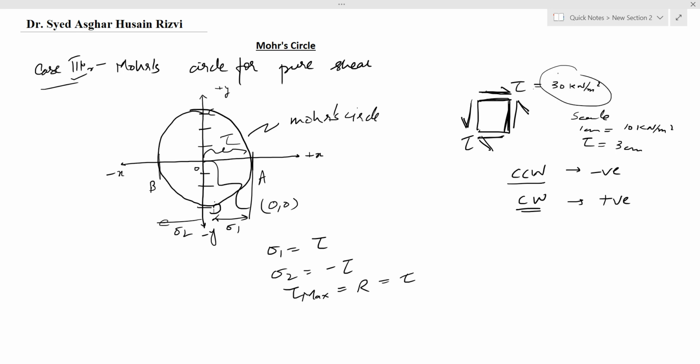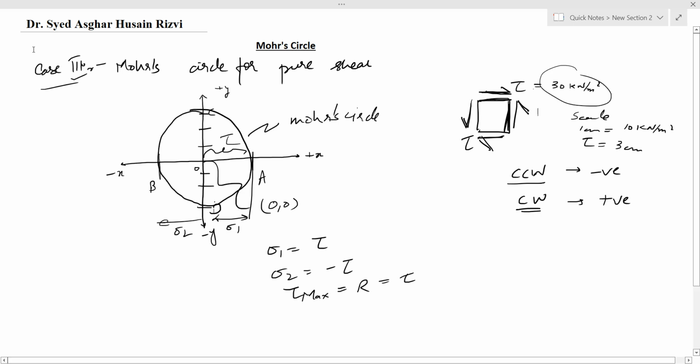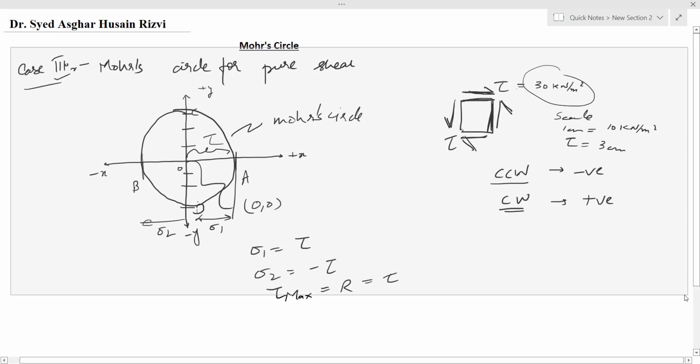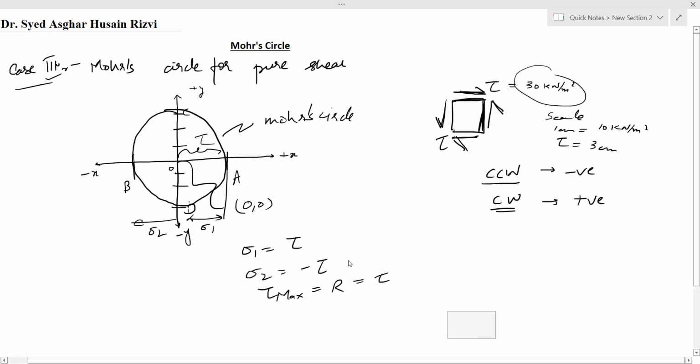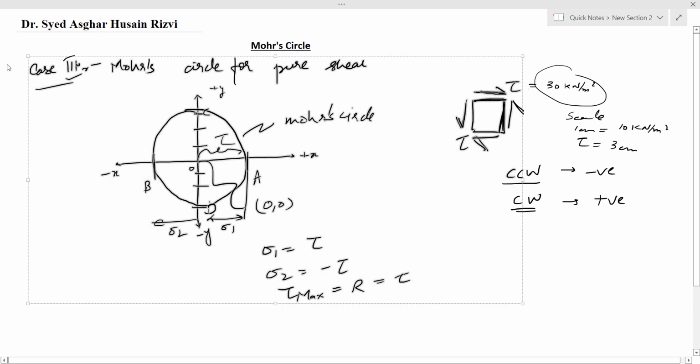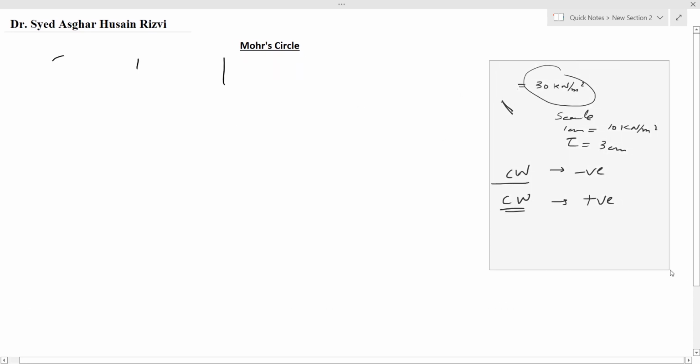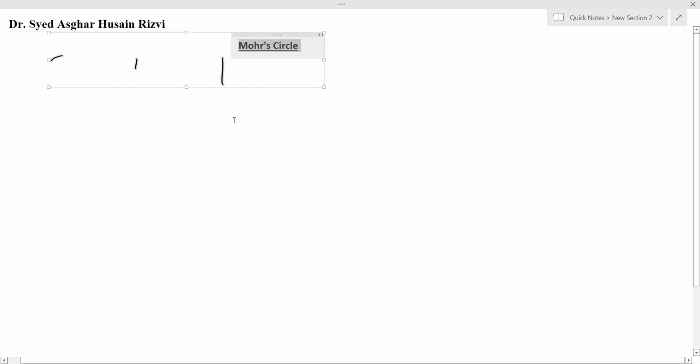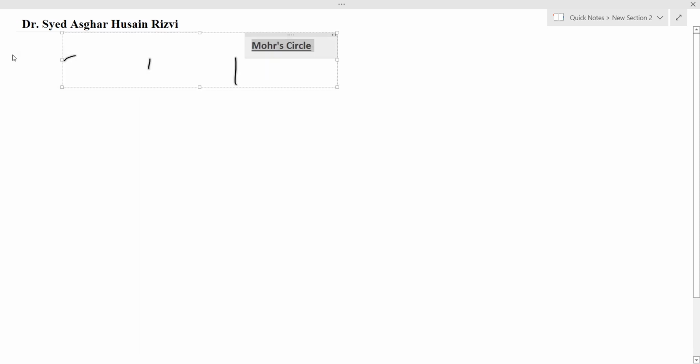Now we will move on to case 4, that is for pure biaxial tension. Now we will draw the Mohr circle for pure biaxial tension. Case 4.